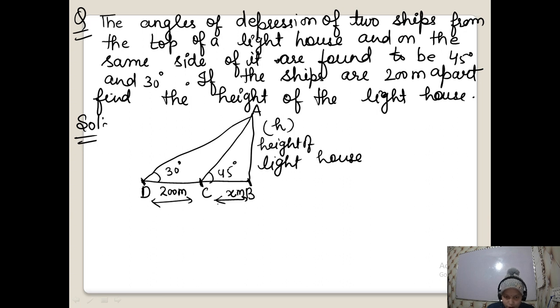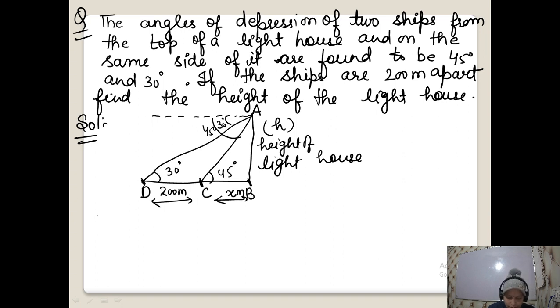Now you can also draw this line for showing the angle of depression. Now you can solve it by this method.